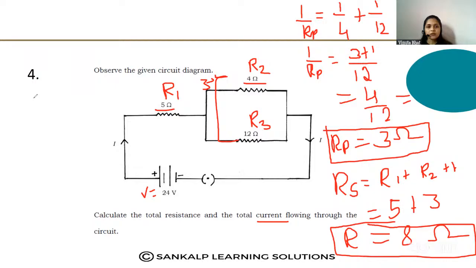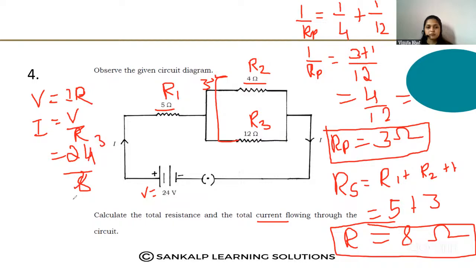Now for the total current, you have to use the formula V is equal to IR. I hope you know the V is equal to IR formula. Then current I is equal to V by R. What is the value of V? That is 24. What is the value of R? That is 8. So I is equal to 3 ampere.